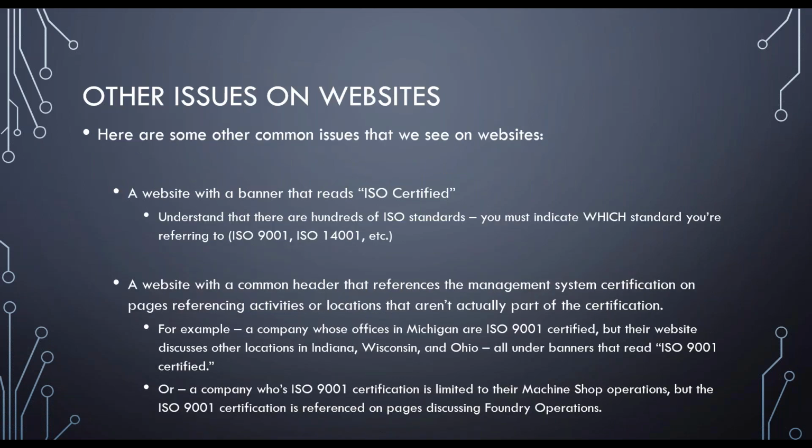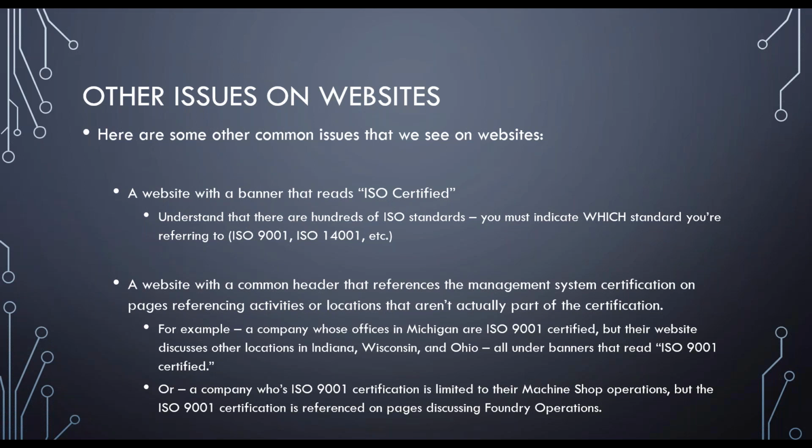Now, some other common issues that we see on websites. Sometimes if you visit a website, you'll see a banner that reads across the top or along the bottom, and it'll say ISO certified. Well, understand there's hundreds of ISO standards. You have to indicate which ISO standard you're referring to.